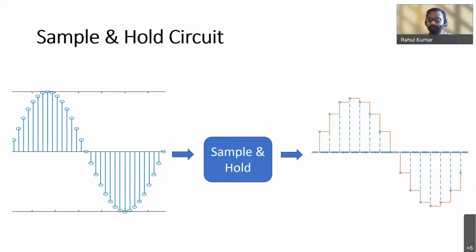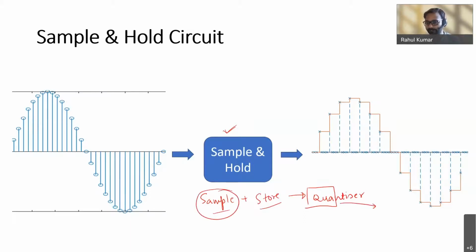So we need some kind of circuit to hold the sample, so we often use a sample and hold circuit. What this circuit will do is sample the data and store it. Sample plus hold, or you can say store the data. And then one by one, it will provide this sample to the quantizer, to convert the sampled data into binary.